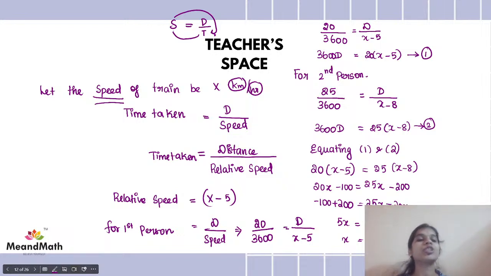As per the same direction, the speed of the train will always be greater than the speed of a person. So I took x first, then x minus 5. Then I calculated for the first person, calculated for the second person, and then, as their LHS are equal, I equated one with the other and got the answer for x. Is it clear?